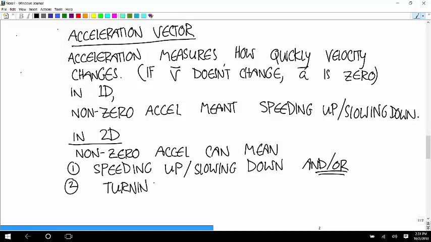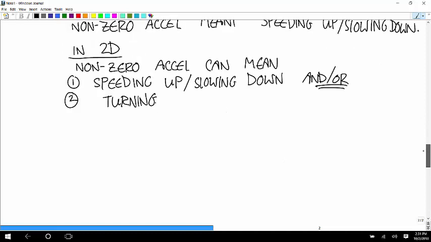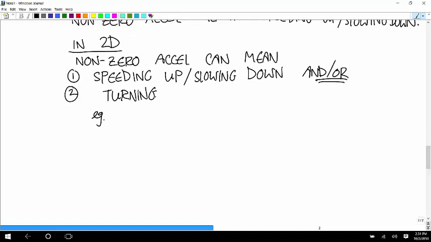In 1D, there's no such thing as turning because your path is fixed. But now something can have a velocity this way and then start to do this. All of those velocity vectors are contained in 2D.